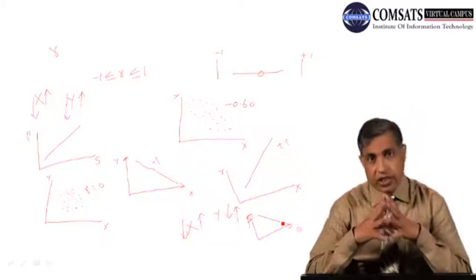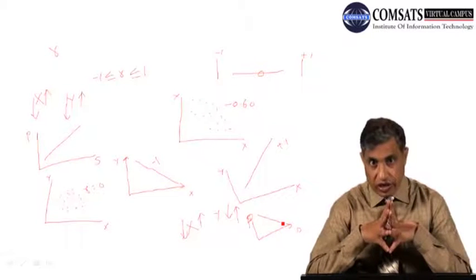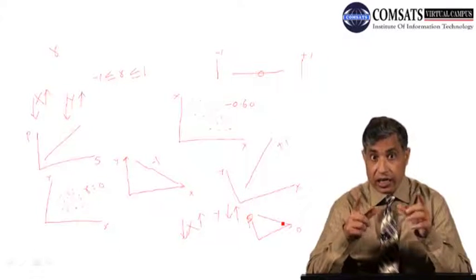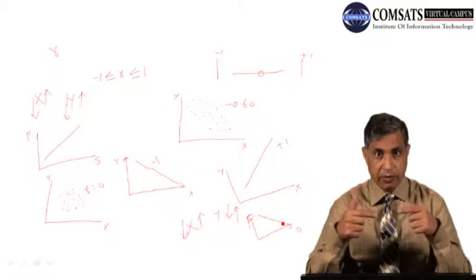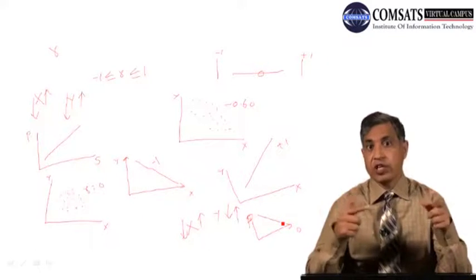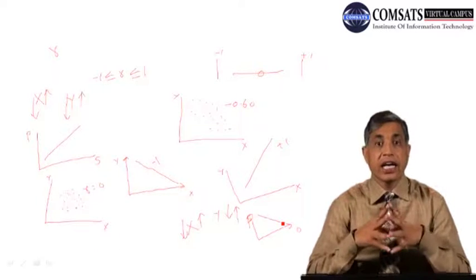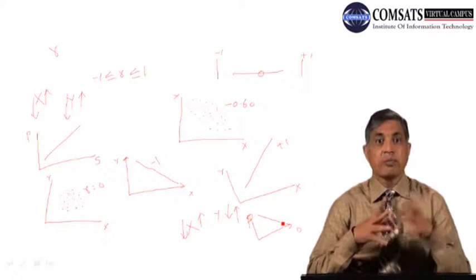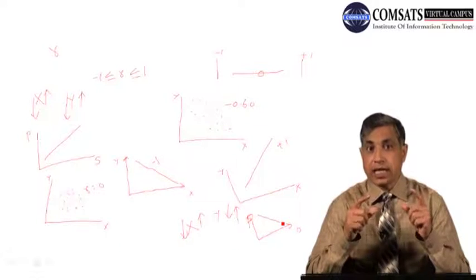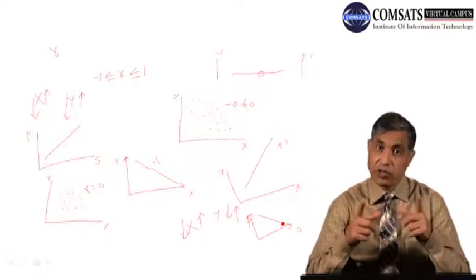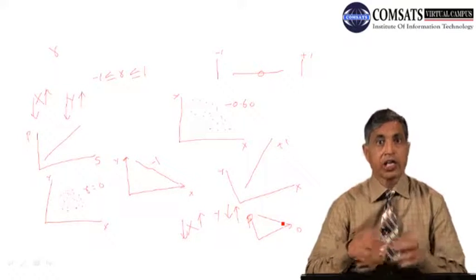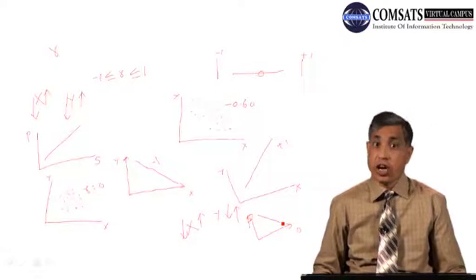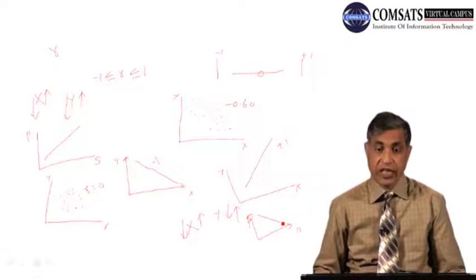So the first characteristic of the correlation coefficient is that it never crosses the -1 and +1 limit. It remains between -1 and 1, and it can even touch both the limits. -1 means there is a strong negative correlation between the two variables, and +1 means that there is a strong positive correlation between the variables.